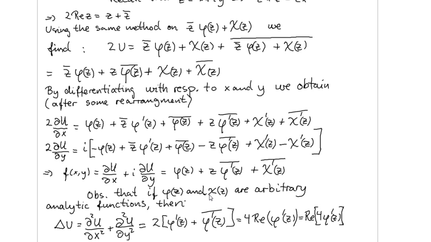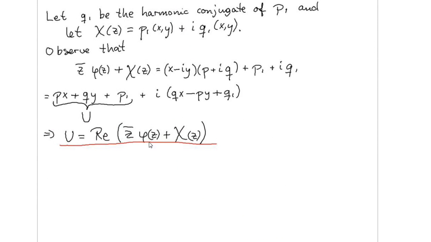A natural question to ask is, what happens if these two functions were any arbitrary analytic function phi and an arbitrary function chi?